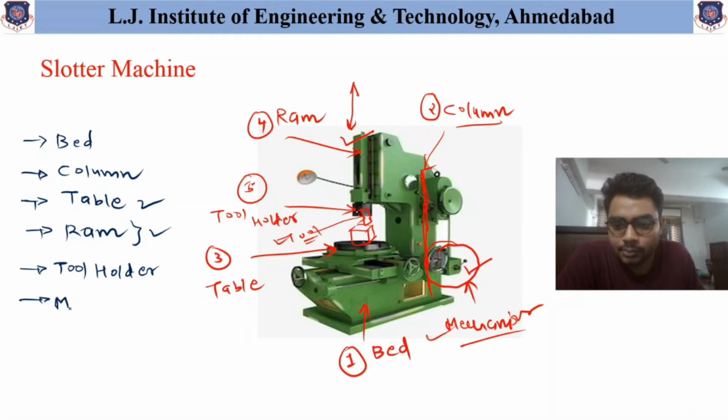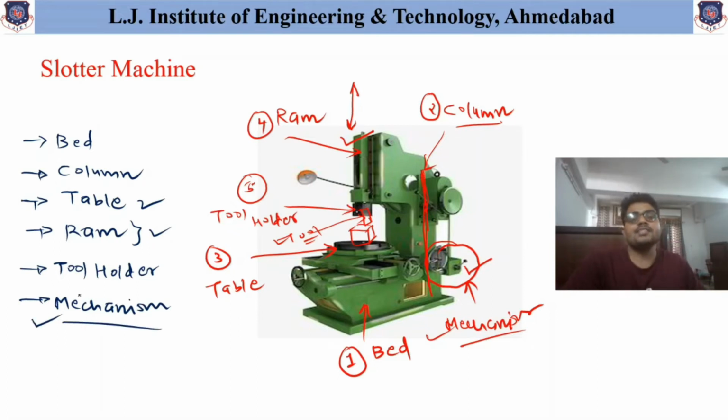The mechanism we are specifically discussing is which type of mechanism is used to obtain the reciprocating movement of the table or the workpiece. We have discussed in our previous lecture that it might be of crank type, crank and pulley type, hydraulic type, or geared type.